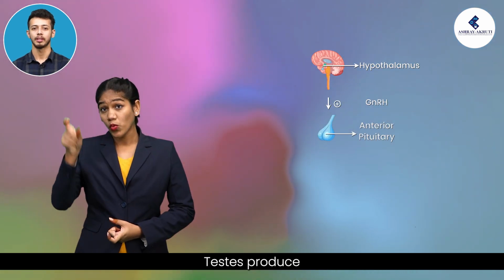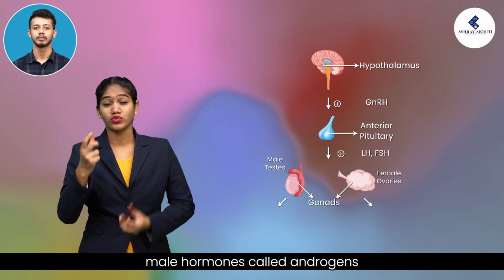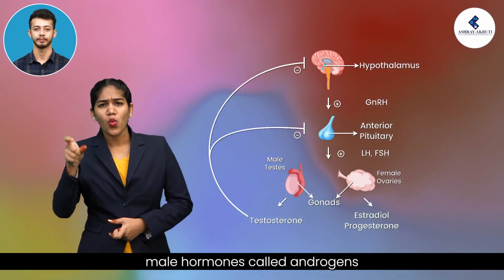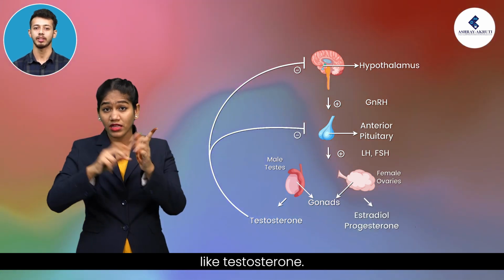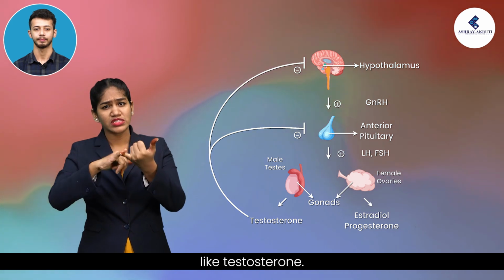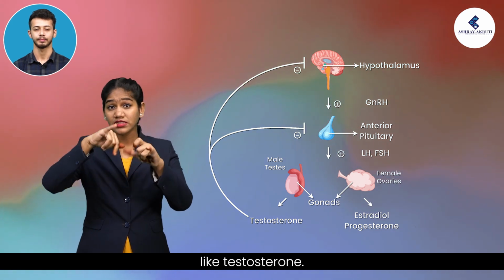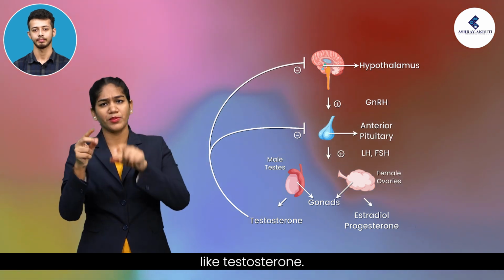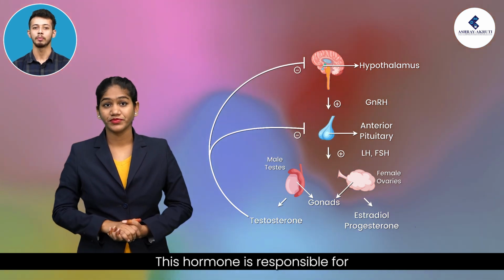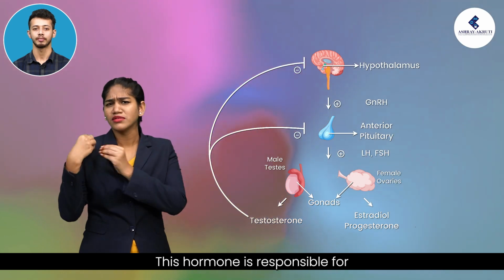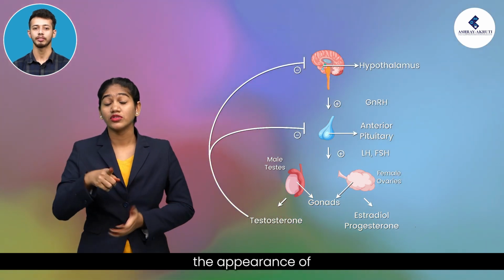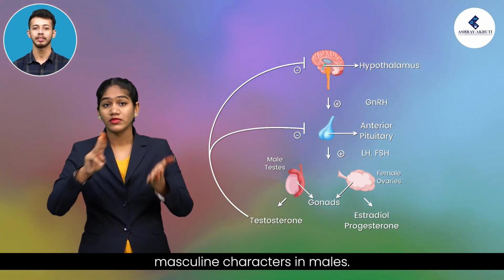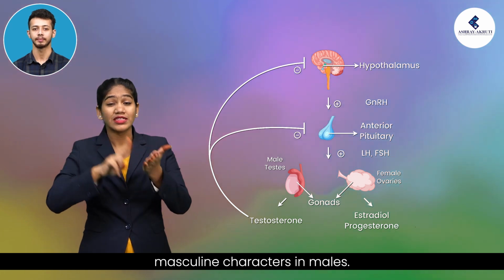Testes produce male hormones called androgens like testosterone. This hormone is responsible for the appearance of masculine characters in males.